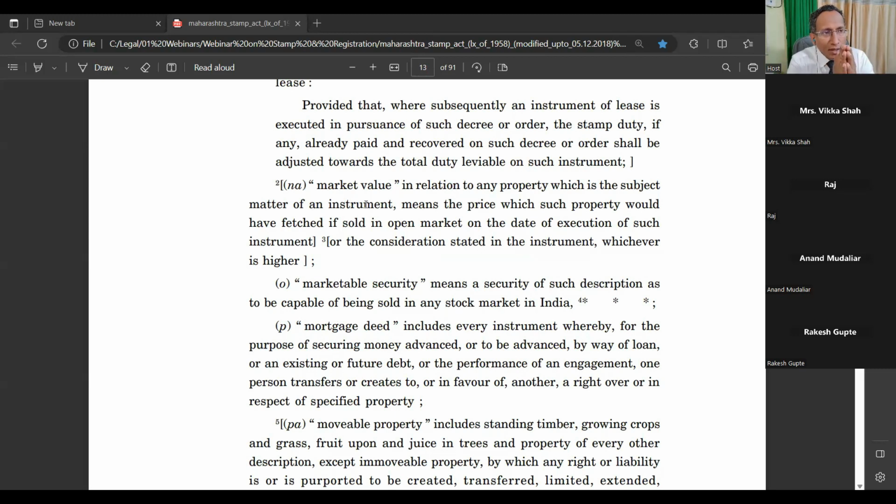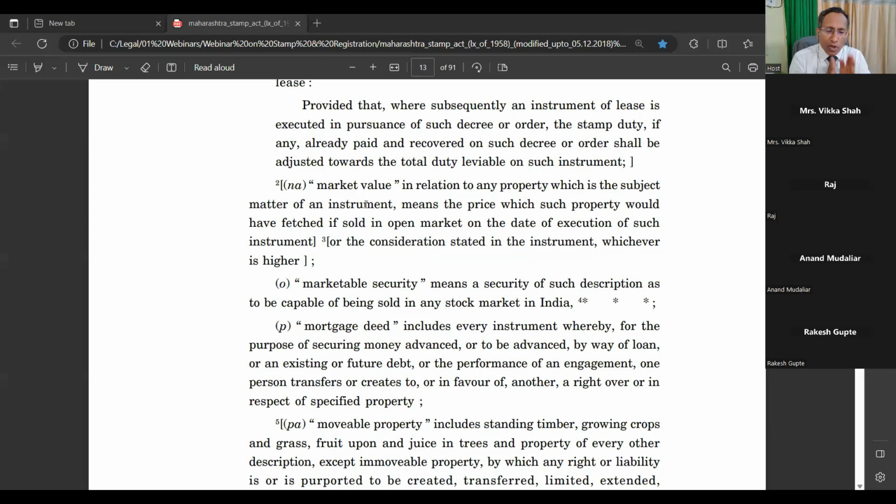What it says is that it is the amount stated in the instrument, or the amount it will fetch if it is sold in the open market. So suppose one person is selling a flat.